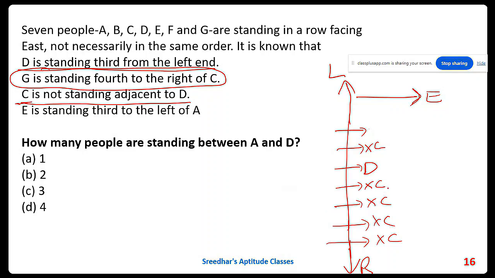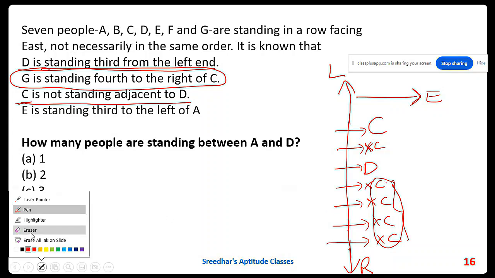Why? If I take C in these places, then there is no fourth to the right of C. So if I take C anywhere here, then G cannot be fourth to the right of C. Therefore, C cannot be in all these places. What is the only place available for C? This is the only place.